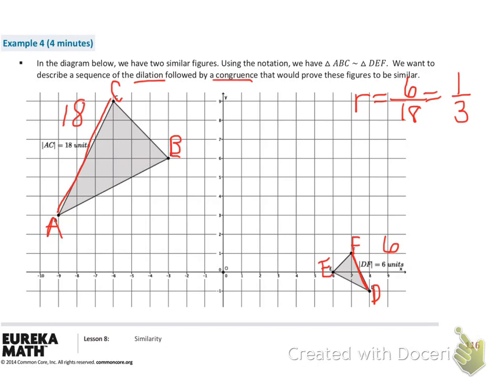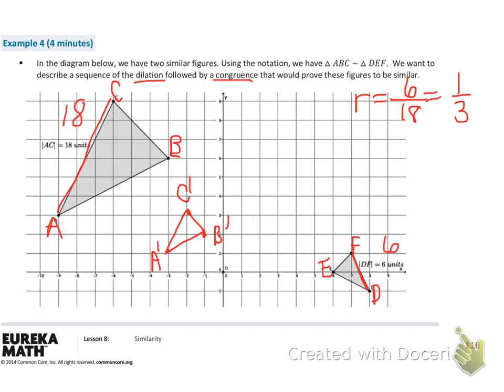So (-1, 2) would be the location of my dilated point B. And let me plot the others for you quickly. Okay, taking those with a scale factor of 1/3, I have dilated this triangle, and I'm going to call it A prime, B prime, C prime. And it sits right there on the coordinate plane.